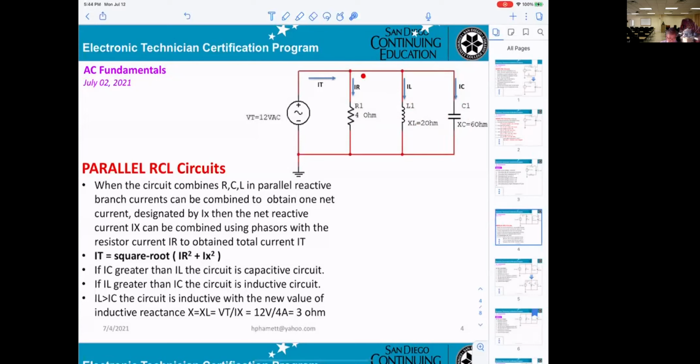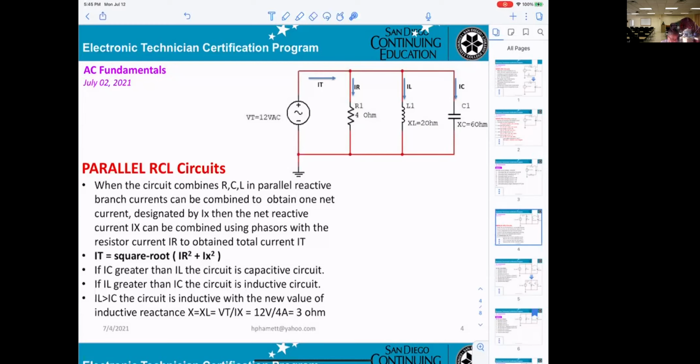However, the current flowing in here will be the difference between IC and IL, okay?